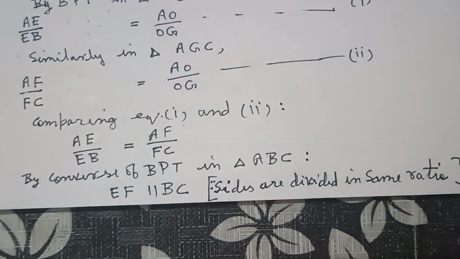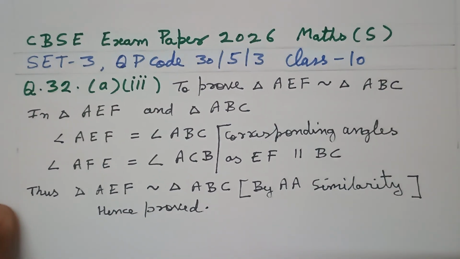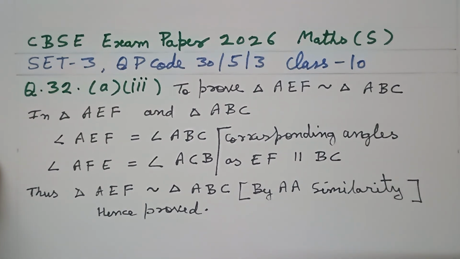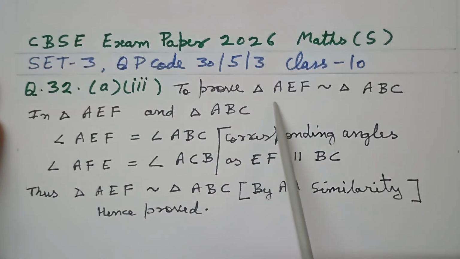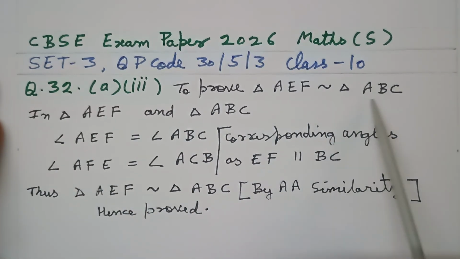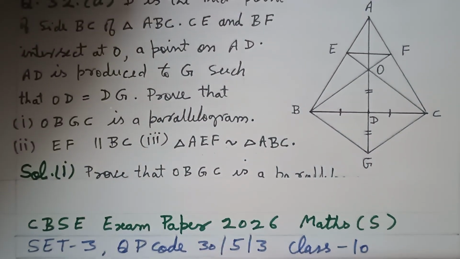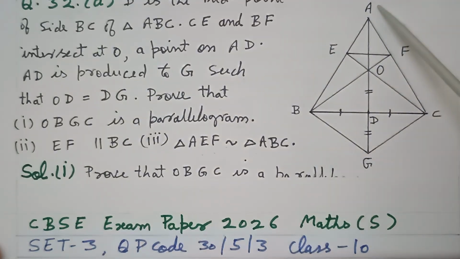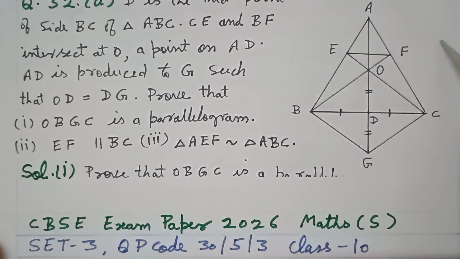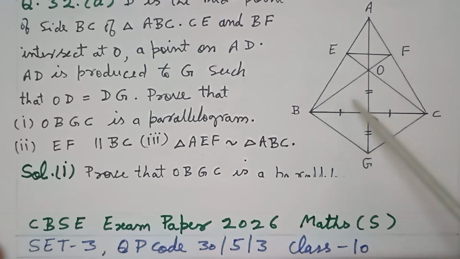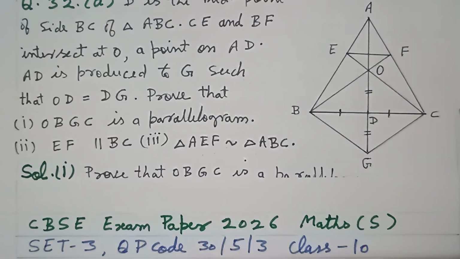Now we will do the third part. In the third part, we have to prove triangle AEF is similar to triangle ABC. In the second part we proved that EF is parallel to BC.